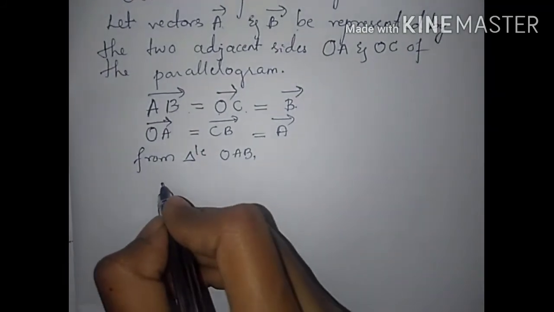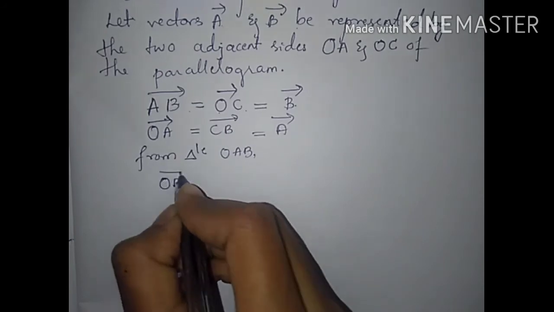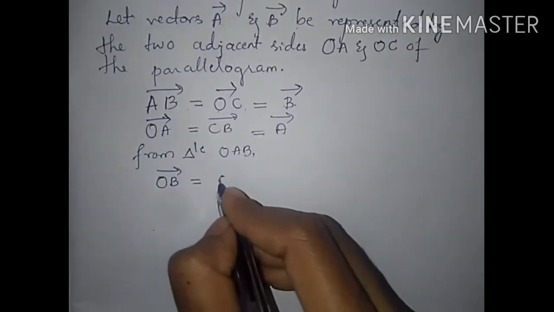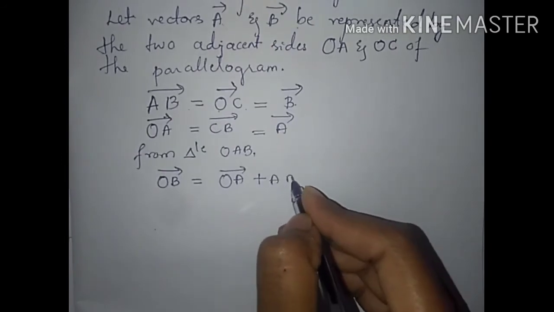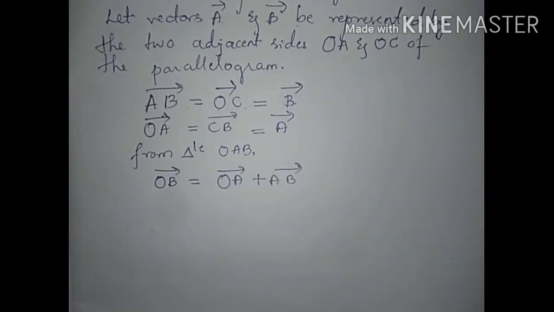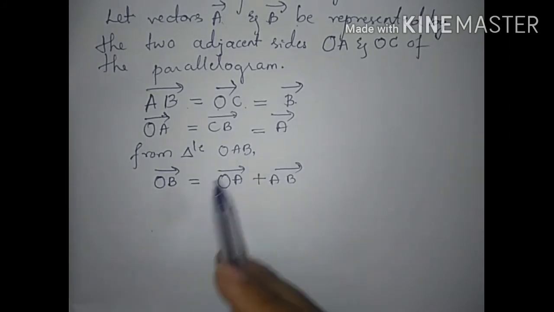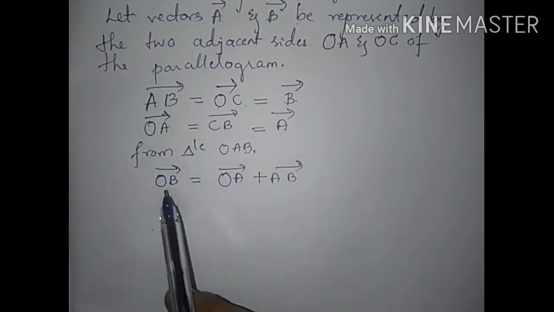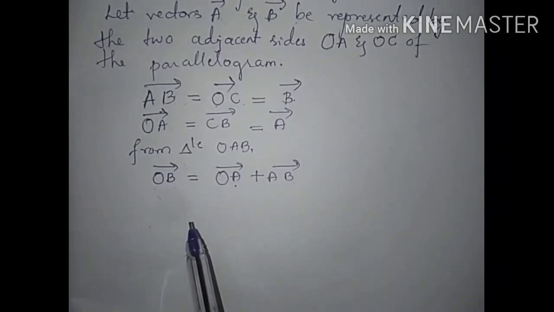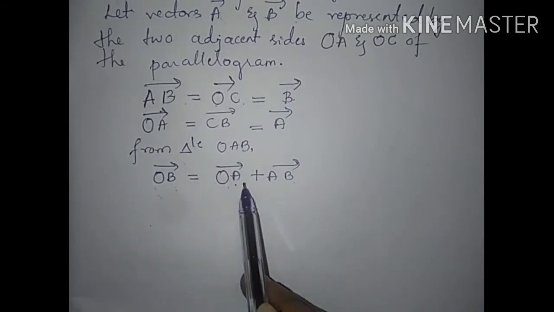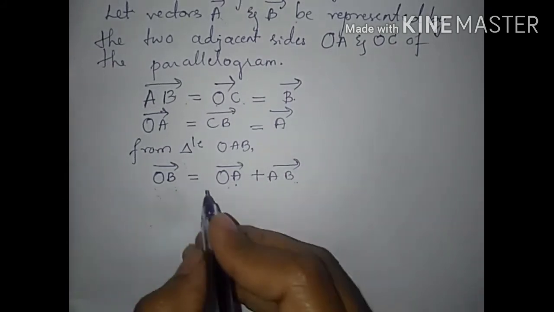So the OB side of a triangle can be written as OA plus AB. So this you are writing from considering the triangle OAB. So from the triangle it is clear that the third side of the triangle is equals to the sum of the two sides of the triangle. OB is equals to OA plus AB.